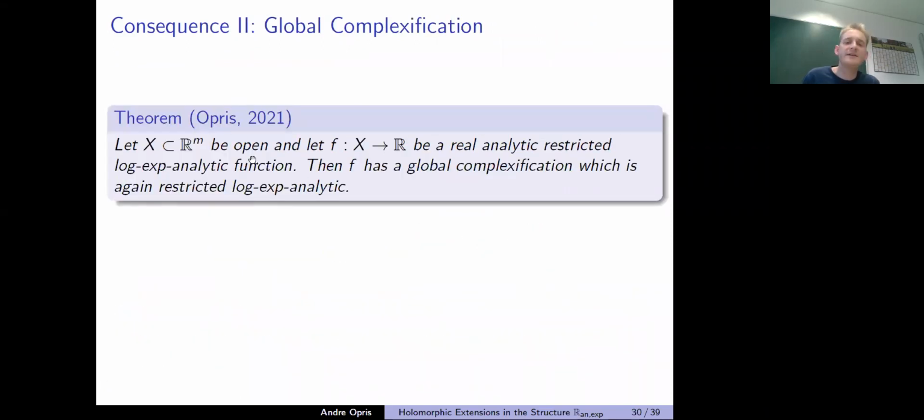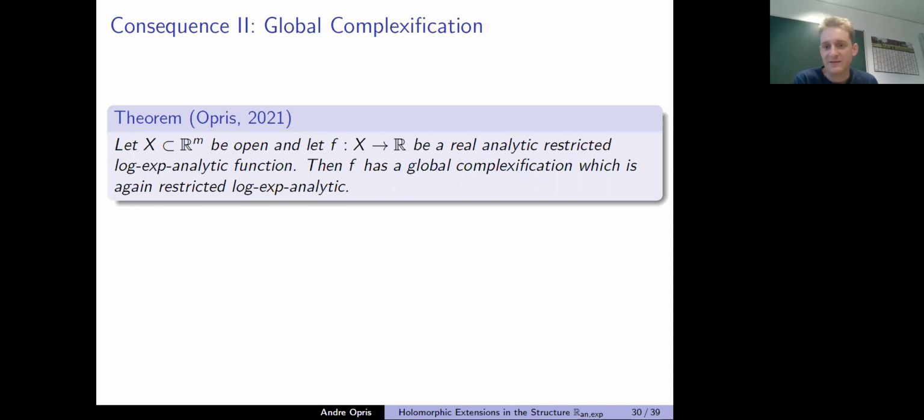Then the idea is to do induction on the number of parameters, and then you also have to deal with parametric functions. So what I have done is I have here a variable. In general, you have a variable t, which is fixed, and then you can compute the holomorphic extension in the last variable, for example. Then in the parametric setting, I have some results of this.